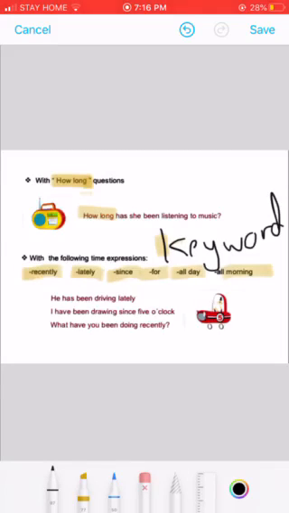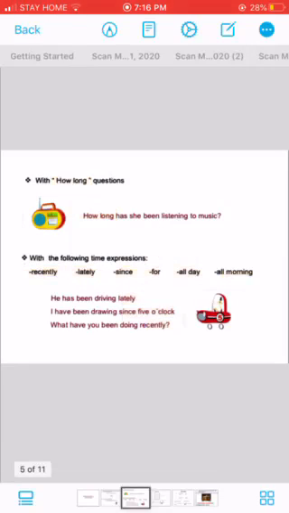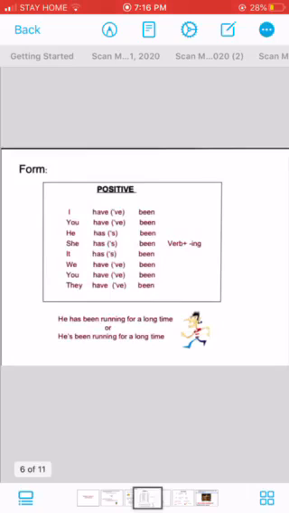He has been driving lately. I have been drawing since 5 o'clock. What have you been doing recently? Tomorrow inshallah we will talk about the keywords. Now let's see the form.